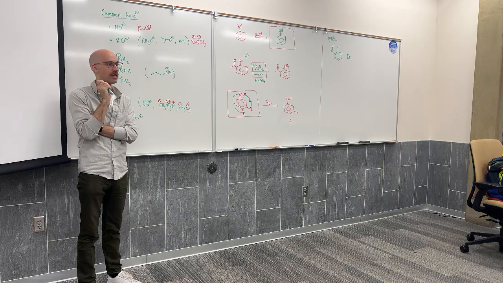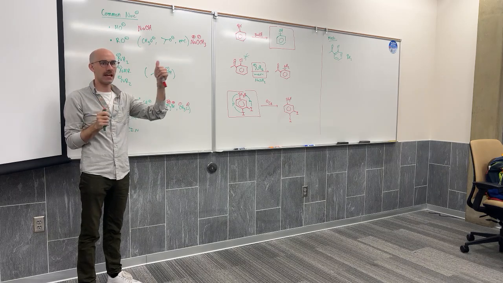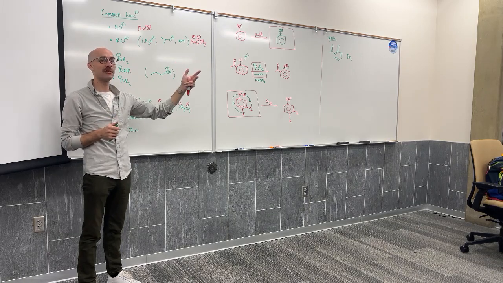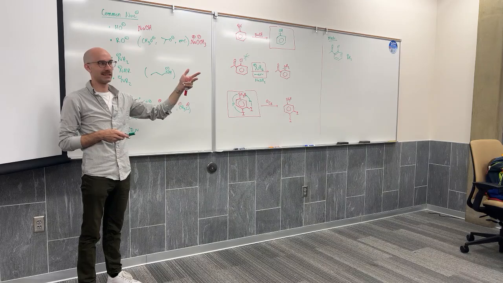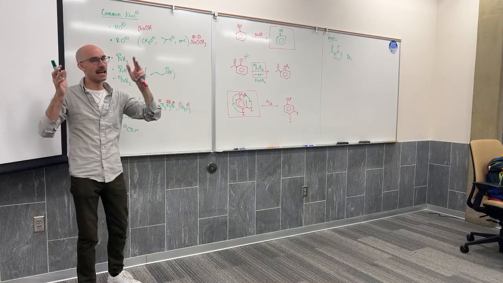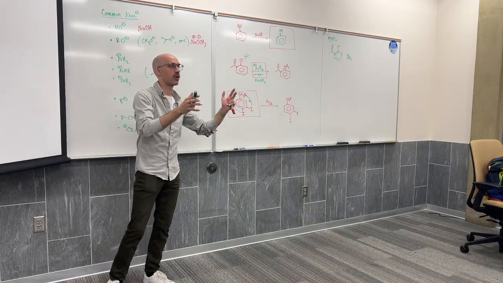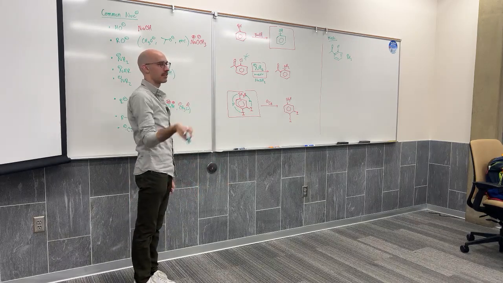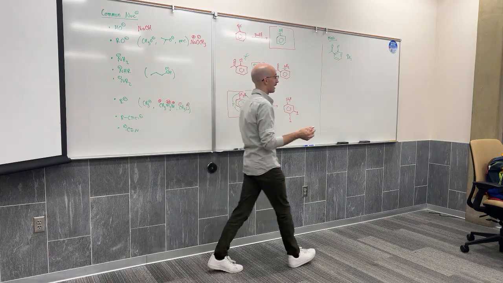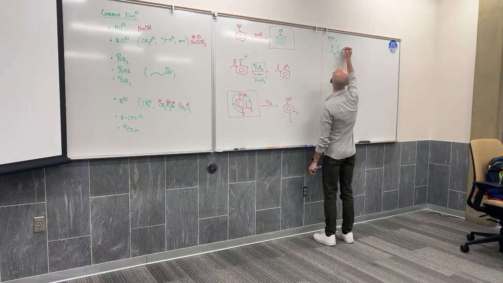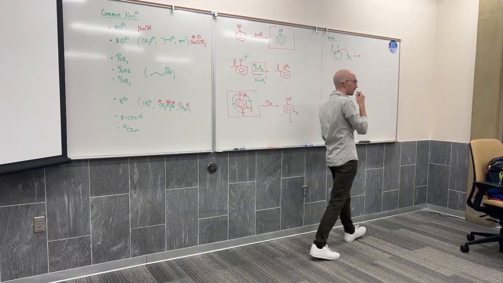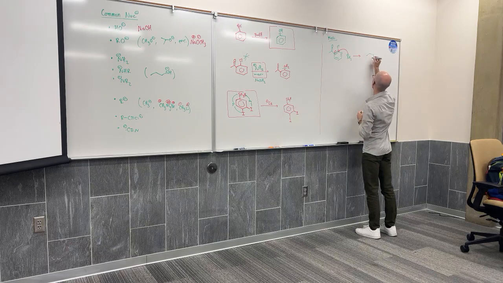How many of them don't have a catalyst? FeBr3, catalyst. AlCl3, catalyst. H2SO4, catalyst. They all have a catalyst, and all of their mechanisms start with the catalyst. No catalyst, the mechanism doesn't start there. Instead, the mechanism starts by directly attacking the aromatic ring.